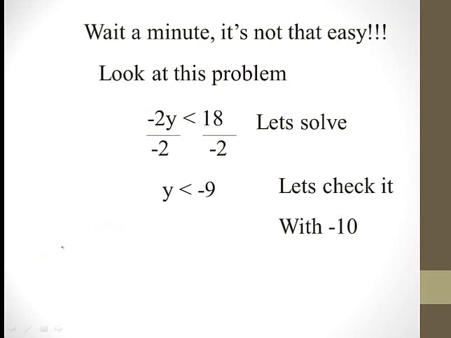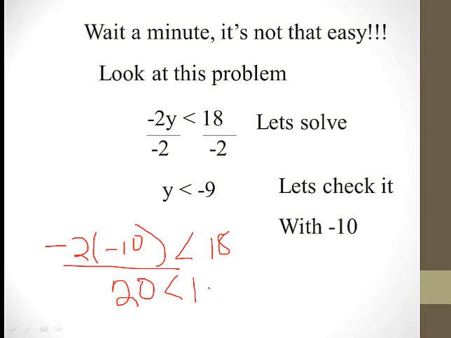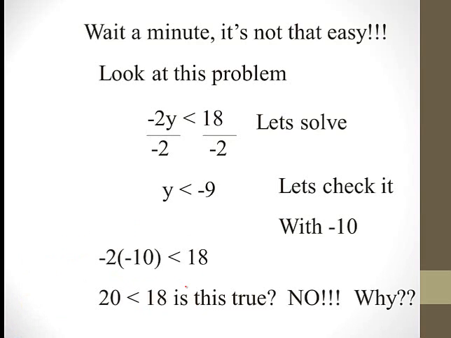If I plug it back in, I get -2 times -10 is less than 18. What's -2 times -10? Positive 20. Okay, is positive 20 less than 18? No, it's not.